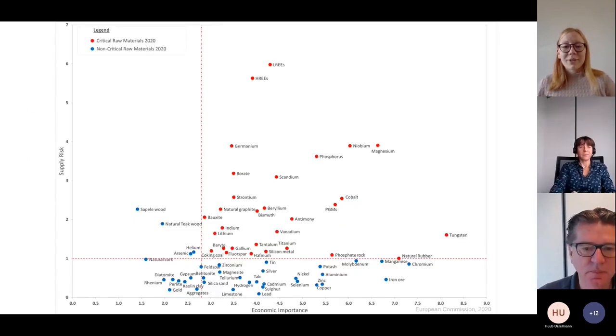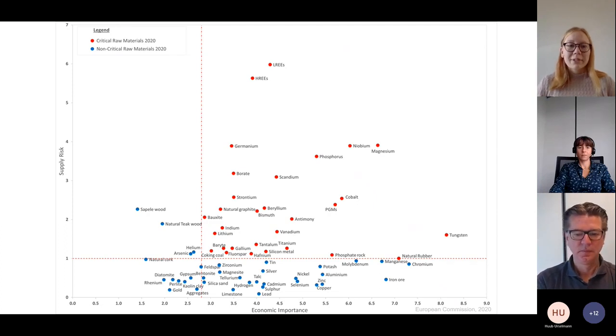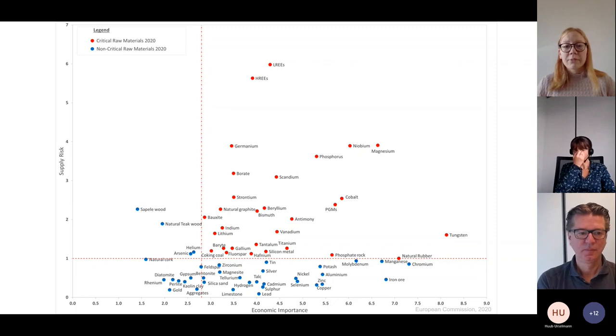And here I have a picture of what the most recent assessment looks like. I'm not going to go into super details. There's a lot of information in this graph, but you can see here the supply risk on the y-axis again, the economic importance on the x-axis. And you can see that the blue dotted materials are not considered critical, but the red ones are. And there are quite a lot of them already.